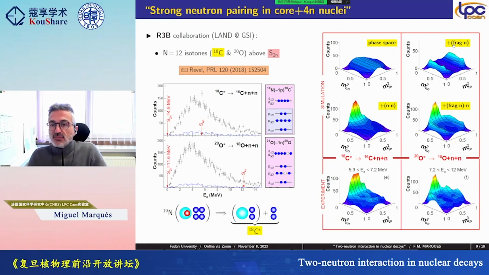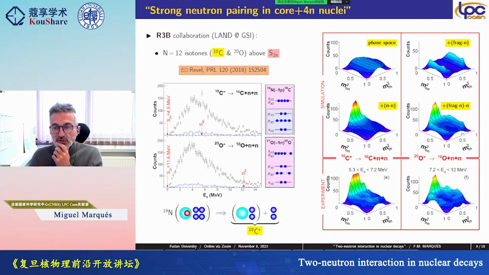This is the fragment neutron resonances. So for a given value of the fragment neutron energy, you have a peak. And then since you have 2 neutrons, there is a mirror effect. So you have the resonance with one of the neutrons, and then the other neutron has, by energy conservation, another structure.